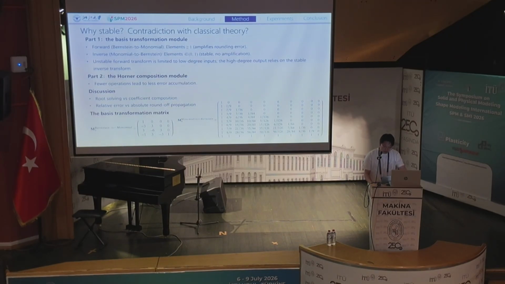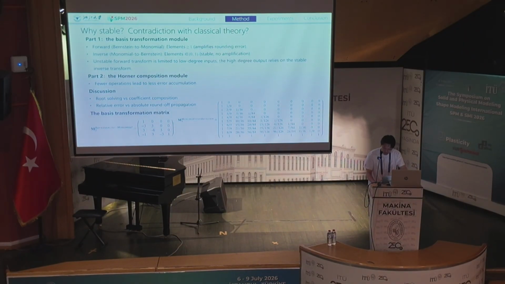This page we talk about the numerical stability. First, the basis transformation module. The numerical risk comes mainly from the Bernstein to polynomial forward transformation, where non-zero matrix elements are greater than or equal to 1, amplifying rounding errors during the multiplication. Conversely, the inverse transformation has elements between 0 and 1, which does not amplify errors.